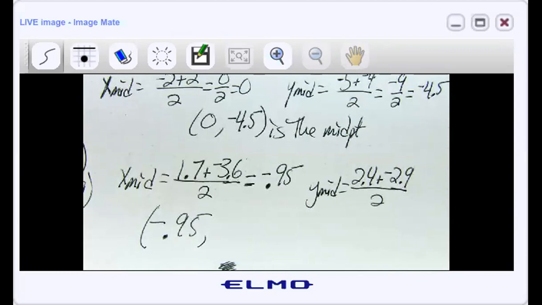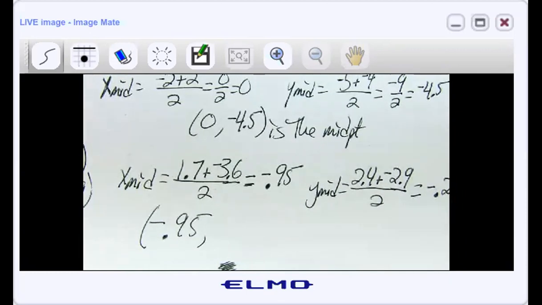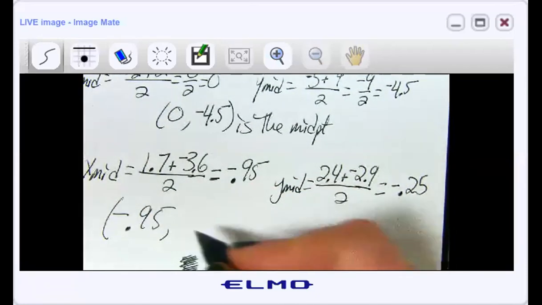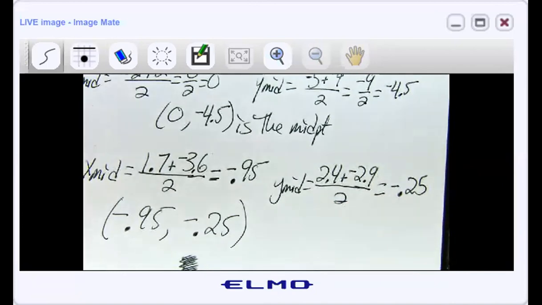I get negative 0.5, but I need to divide that answer by 2. That's how I get a final answer of negative 0.25. Do you see that? Negative 0.25. So when I put it all together, that's my answer. If I was trying to do that in my head, I can't.